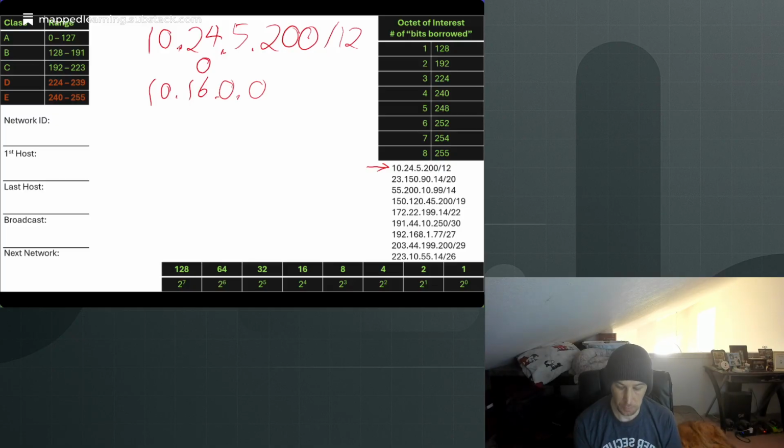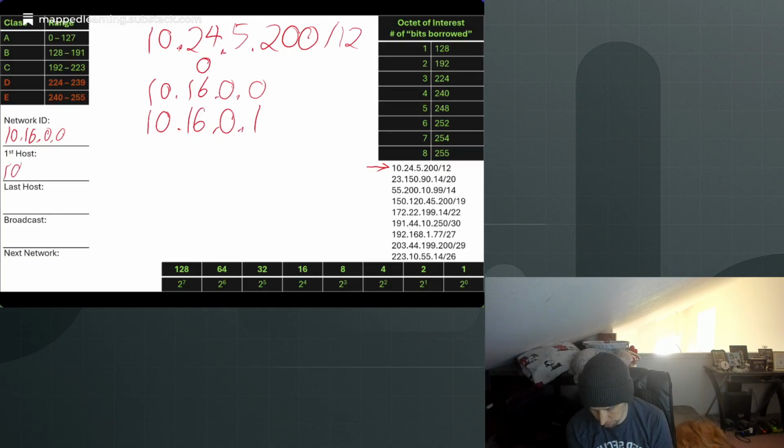So now, what is our first host? Network ID is 10.16.0.0. First host, we add one binary bit, 10.16.0.1.